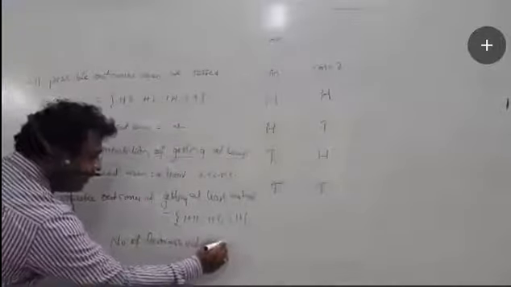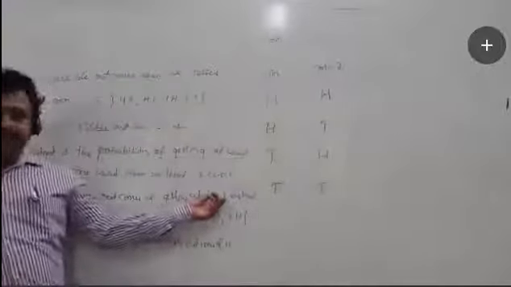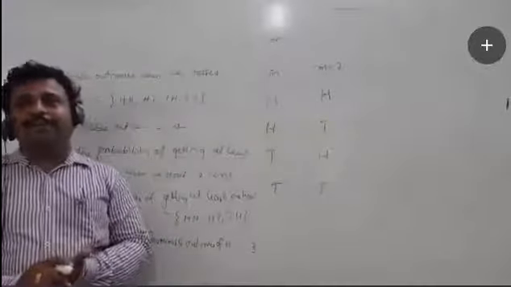Now, the number of favorable outcomes of getting at least one head is 3. Okay, students, now remind the formula of probability.